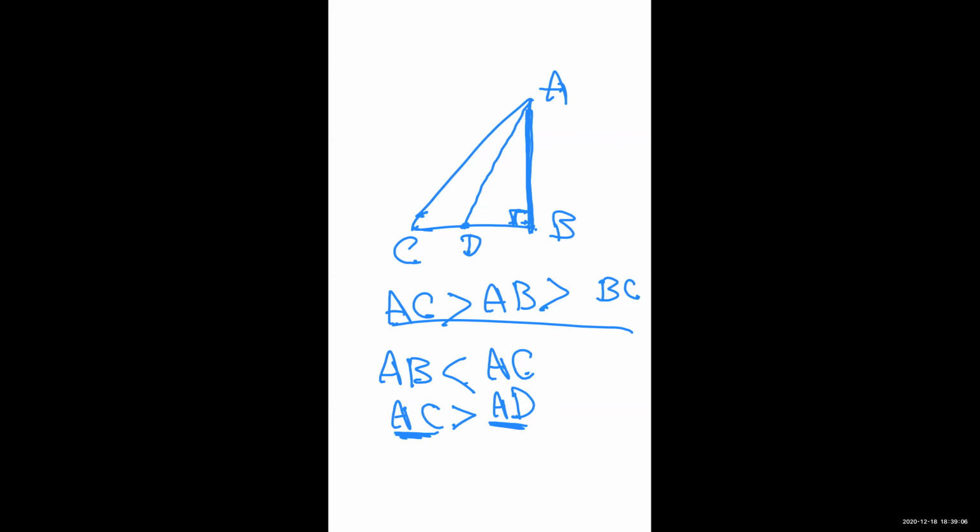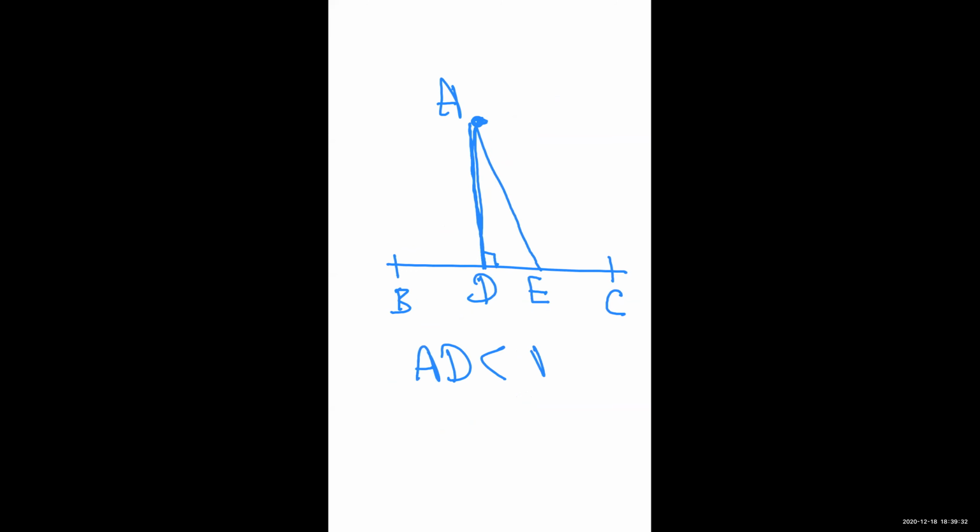Okay? So if there is a straight line like this, and there is one point outside like A, and this one is B, this one is C, if there is a perpendicular here, so this is the shortest distance between the 2 points. If there is one more here, of course, AD and AE, AD is smaller than AE, right?